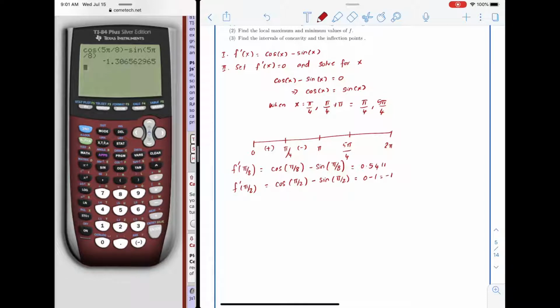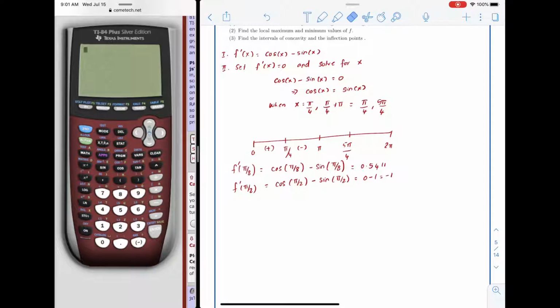I get a negative number because my test point is actually less than pi. So we want a number slightly over pi.